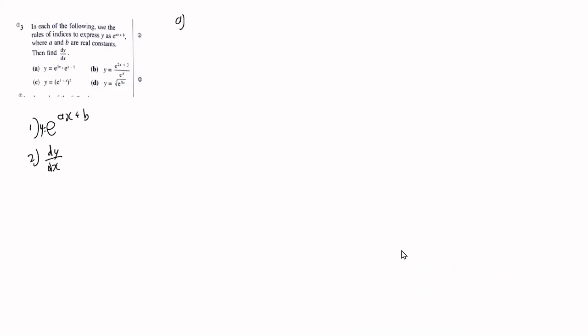Okay, so first one, y equals e to the power of 3x multiplied by e to the power of x minus 1. Same base, different power, multiply. What do you do to the powers, plus or minus? Multiplication's best friend is plus.